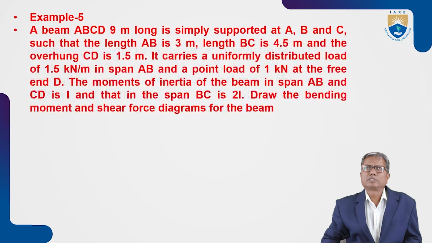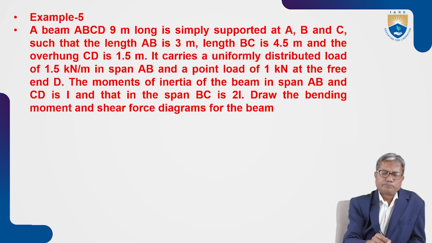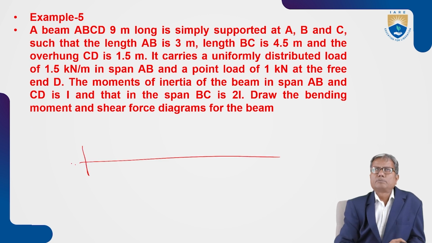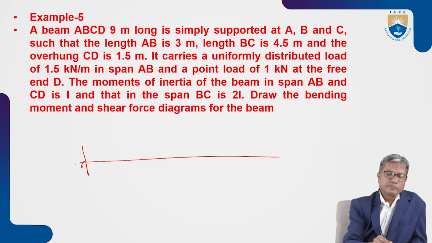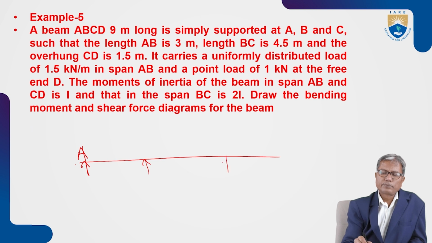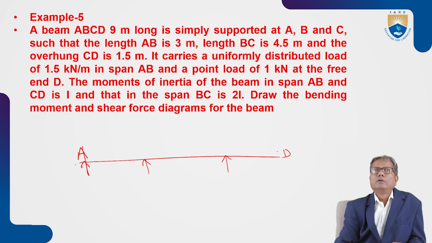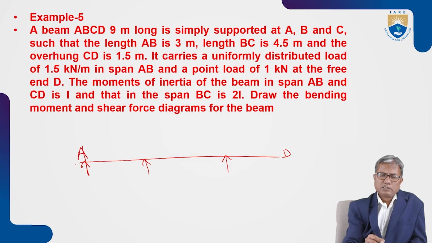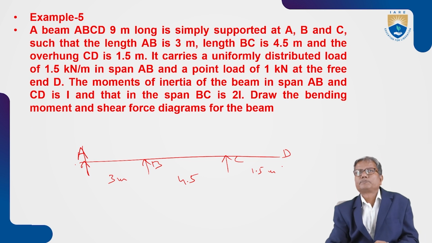Okay, consider the problem. A beam ABCD 9 meters long is simply supported at A, B and C, such that the length of AB is 3 meters, length of BC is 4.5 meters and that of CD is 1.5 meters.